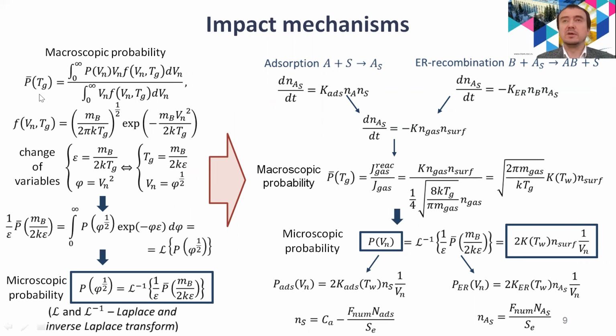So we can obtain a macroscopic probability, the average probability of all the molecules, which can be determined from the reaction rate constant, and we have in the right-hand side the integral of the microscopic probabilities, the probability of any particular particle, usually an atom with some particular velocity, to interact with an active site or with some particle adsorbed at the surface.